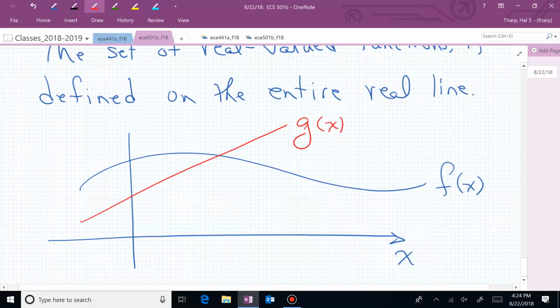Where g and f are both in this vector space.